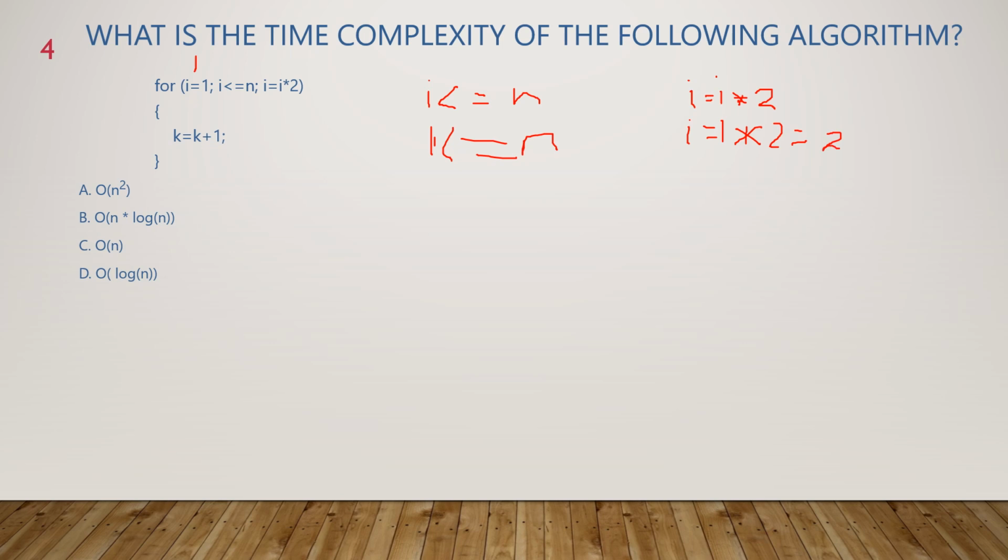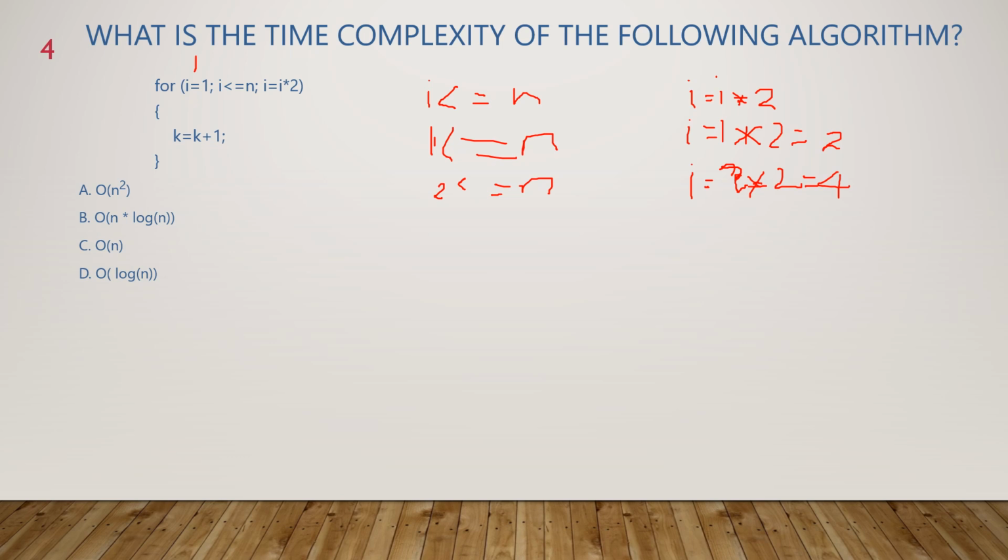Then after that, 2 is less than or equal to n. Then here I is 2, 2 times 2, it will be 4. This I is changed to 4.